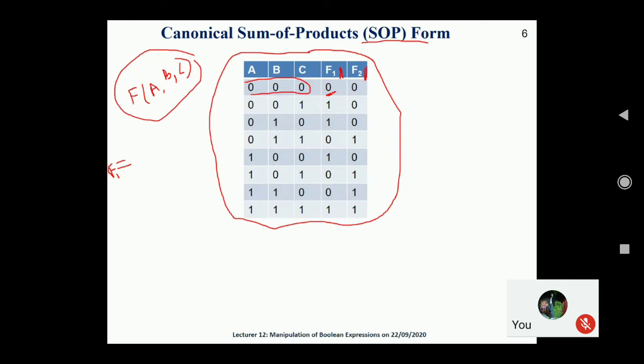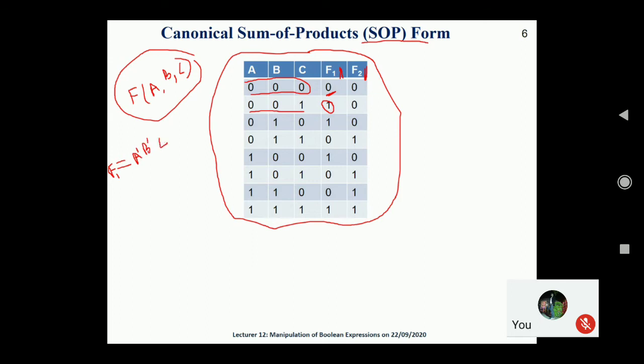So 0 we are not considering, but this one is 1, so we are considering it. This is the sequence 0, 0, 1. In the form of expression, because we are using the min term, for this 0, 0, 1 we write A bar, B bar, and C.